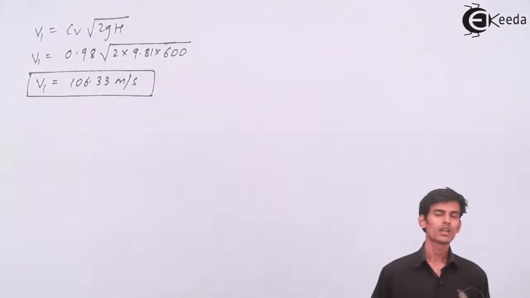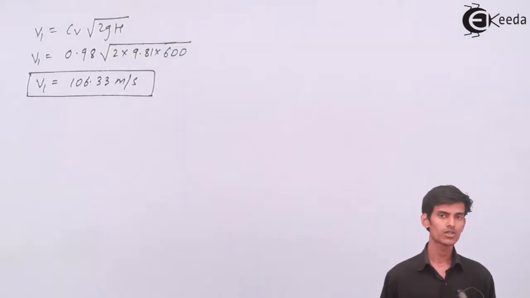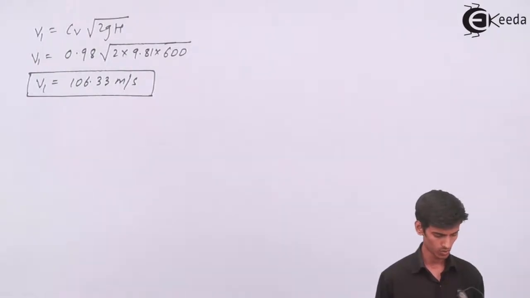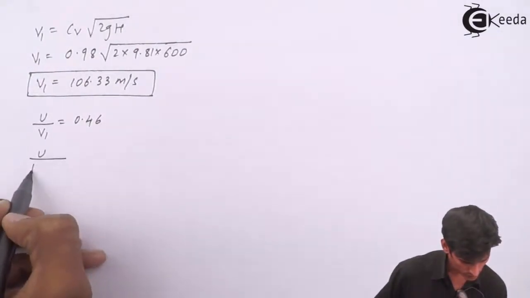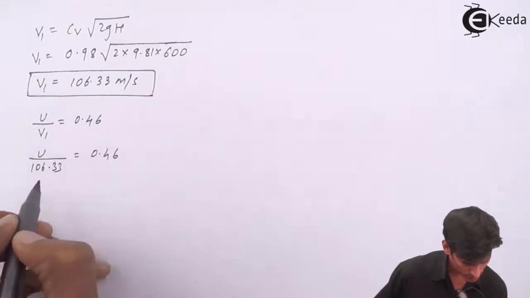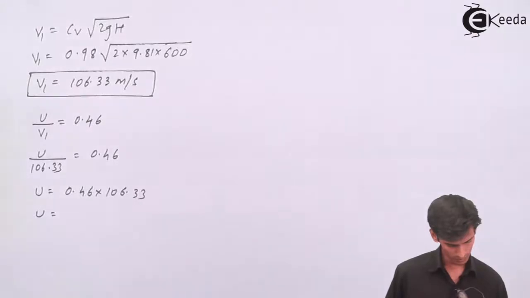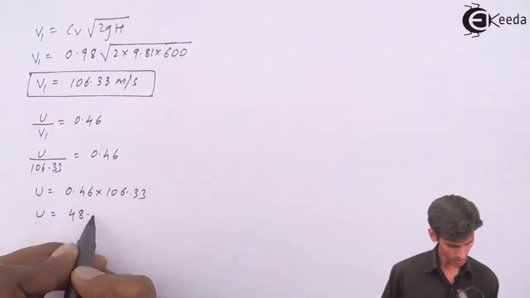Once you multiply these values, you get the value of V1. Now we've got V1. Next, using the speed ratio, you can get the value of U. Once you multiply these two numbers, you get the velocity U as 48.91.